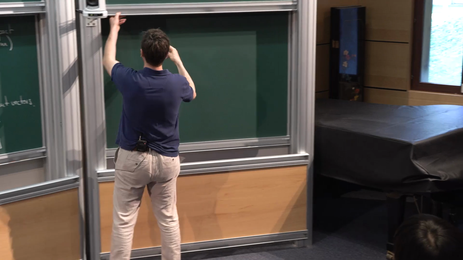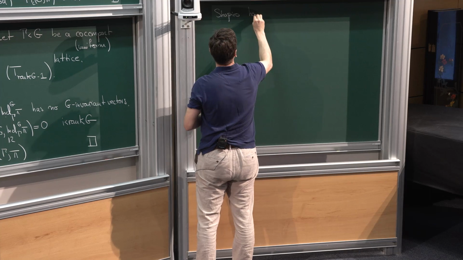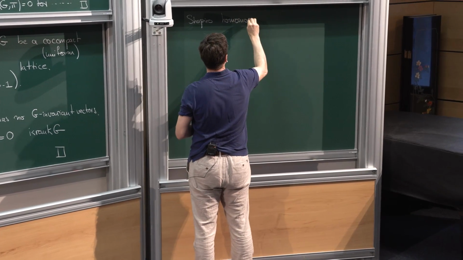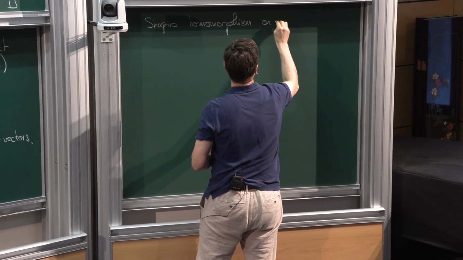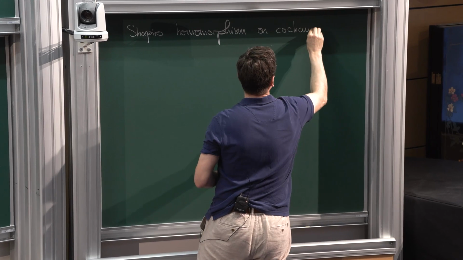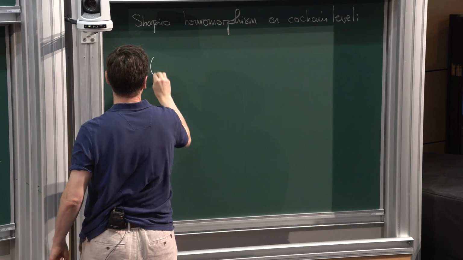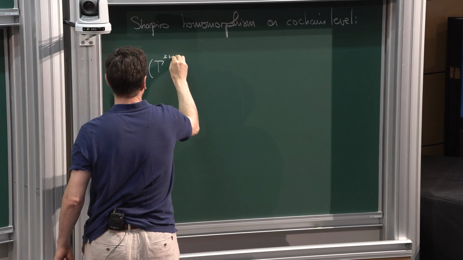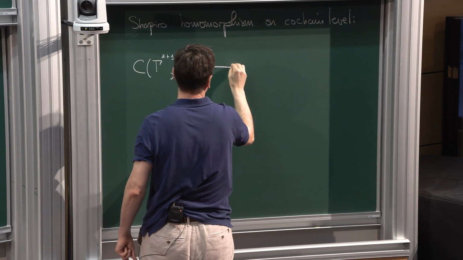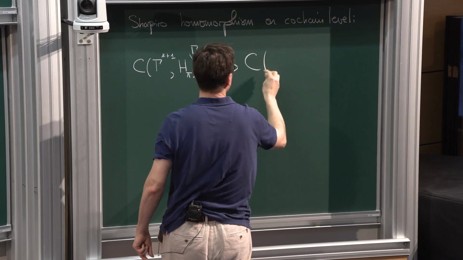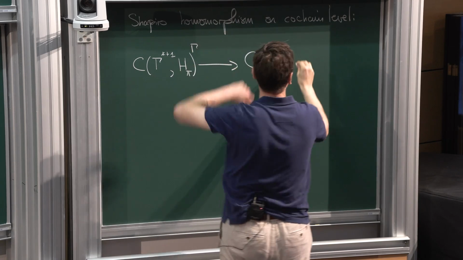Okay, so the Shapiro homomorphism, how would it look, on the chain level or cochain level? We are going from this to the continuous cohomology, and now I plug in this.